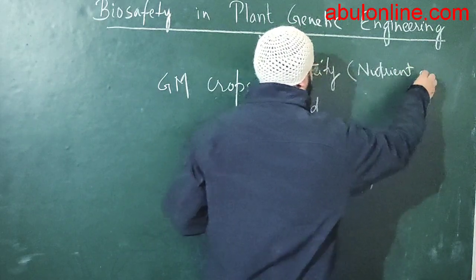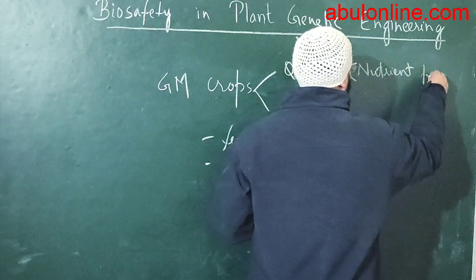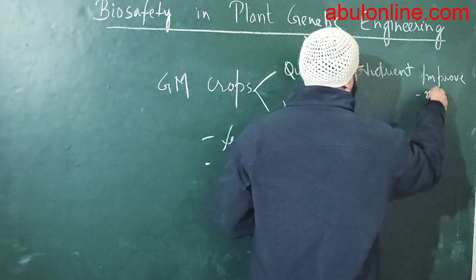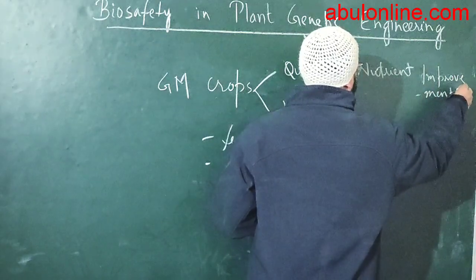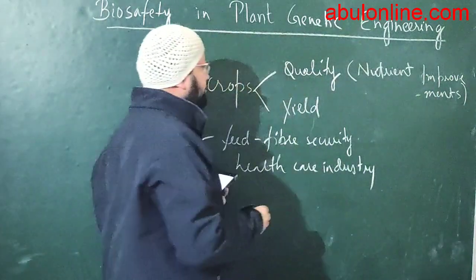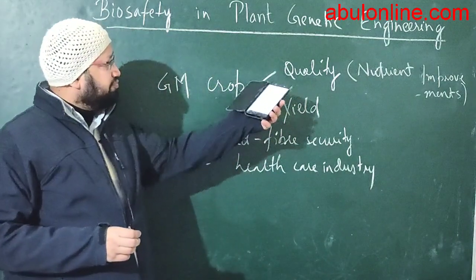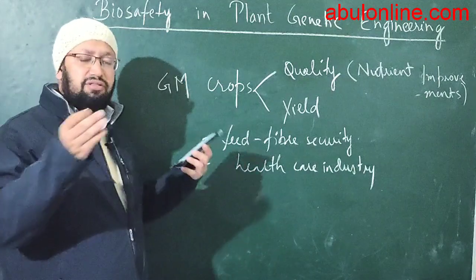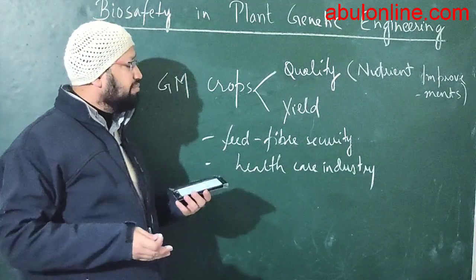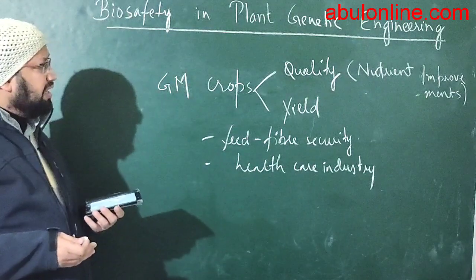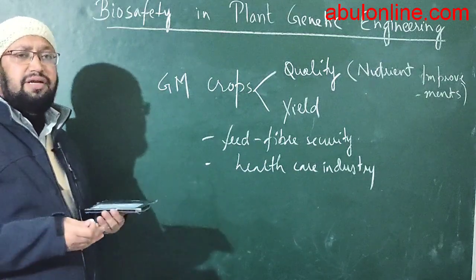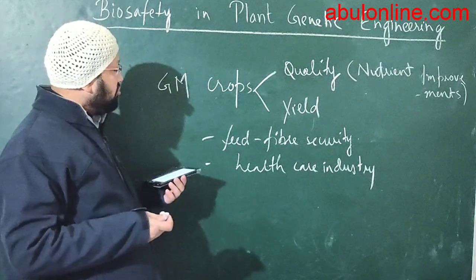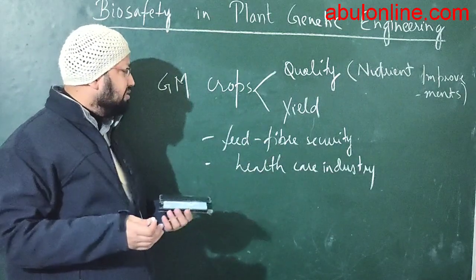There are certain other benefits also, like delayed fruit ripening, and there are so many examples, such as the somatic hybrids, for example the tomato or topato.